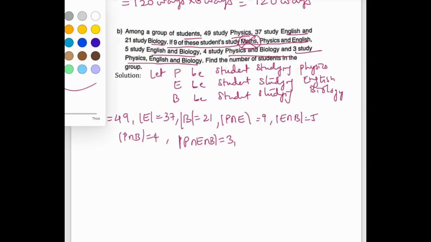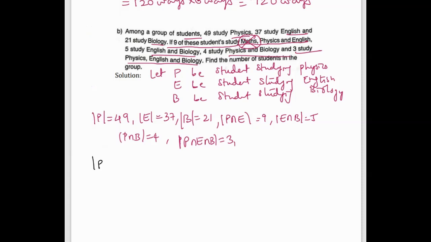So yeah, what is the total number of students? That will be P union E union B. We can write it as first single terms P plus E plus B. Then two terms will become minus.